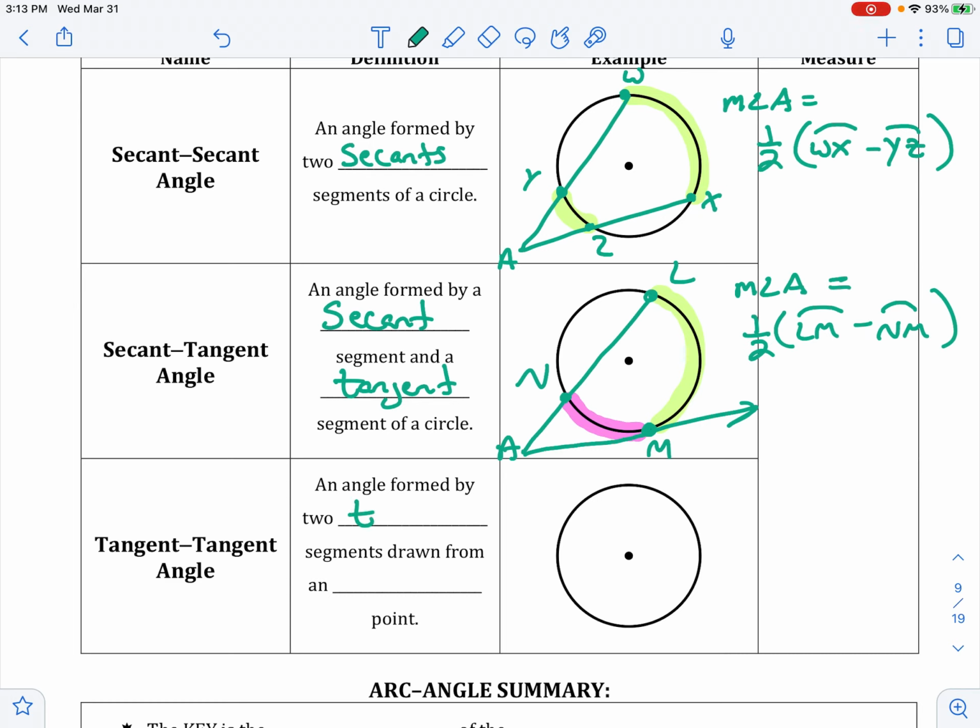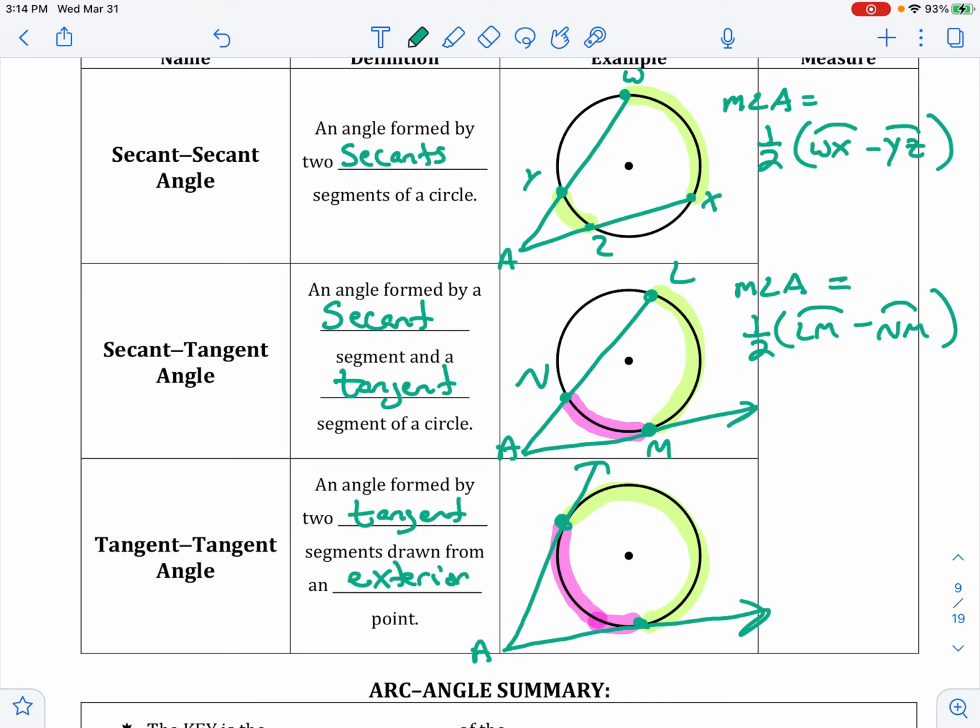So it's an angle formed by 2 tangent segments drawn from an exterior point. Let's say we have something like this. There's a tangent, and then here's a tangent. What it does is break the circle into 2 arcs. You've got this close-up arc here, and this far-away arc here, but they butt right into each other. We use the whole circle in this situation.